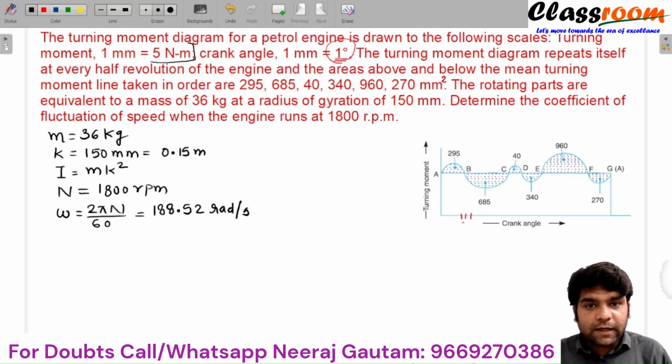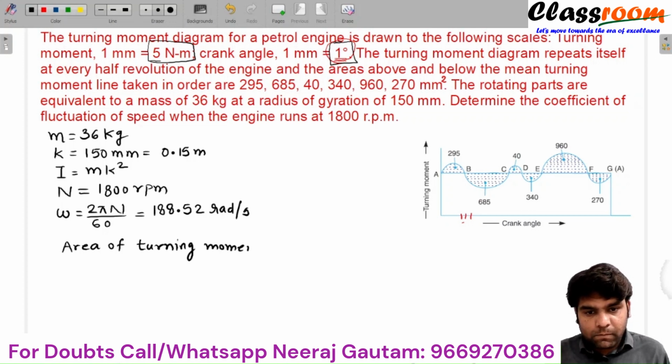So on the turning movement diagram, 1 mm by 1 mm, that is 1 square mm of area of the turning movement diagram, we know is equivalent to the work done.